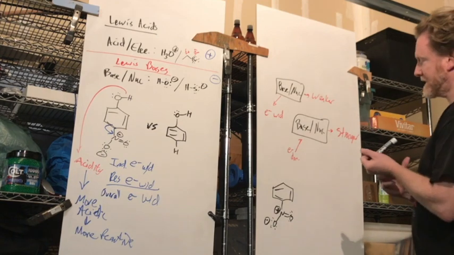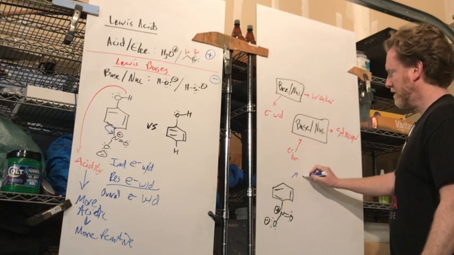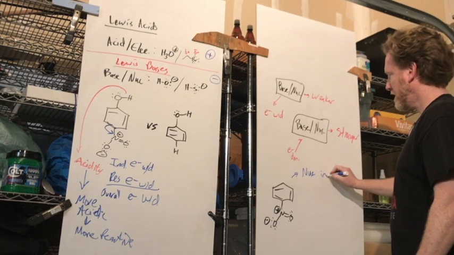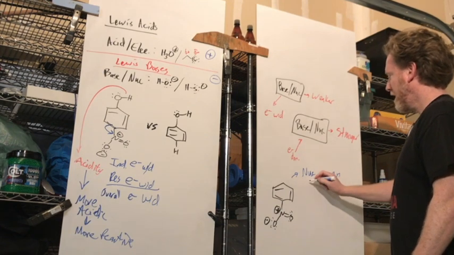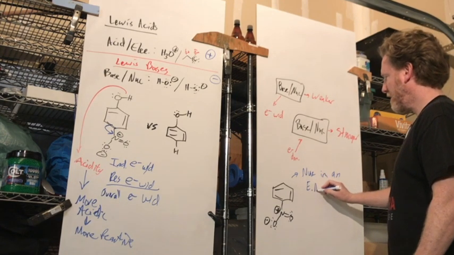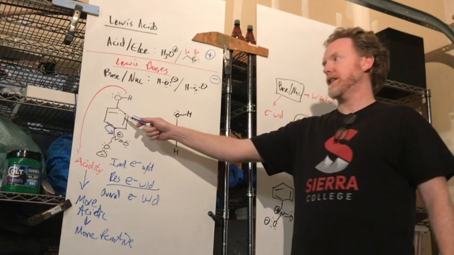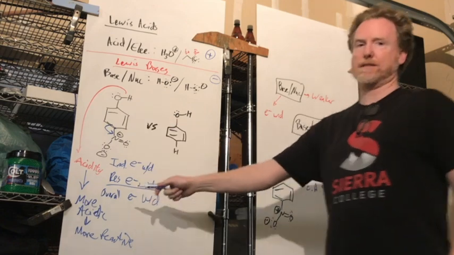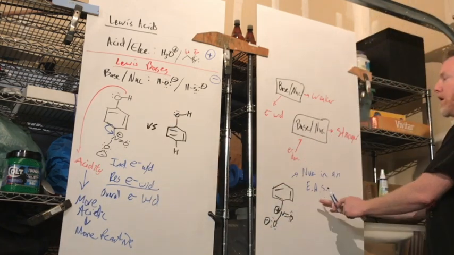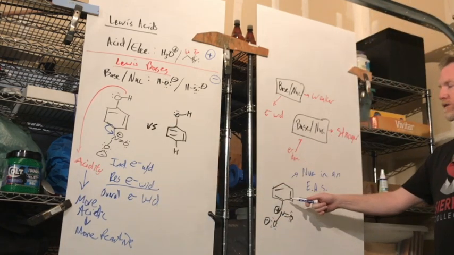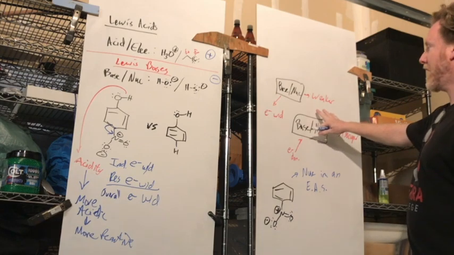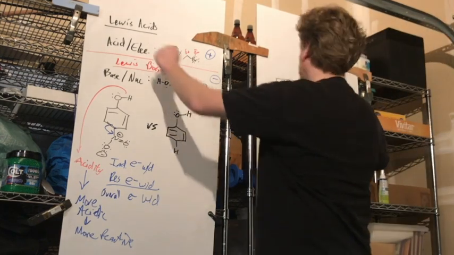I want to think of this as a nucleophile in an electrophilic aromatic substitution. So in the last question, I asked how the acidity is affected by the nitro. Now I'm looking at how the nucleophilicity is affected. So I'm looking at the opposite of what I was looking at before.